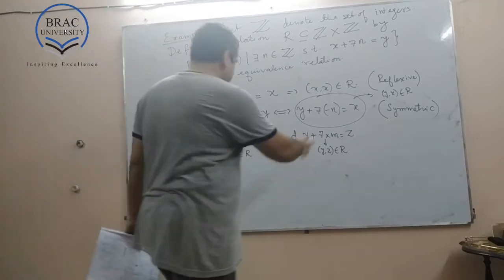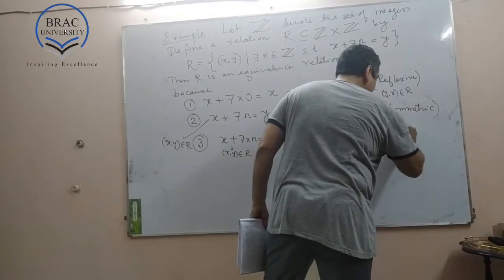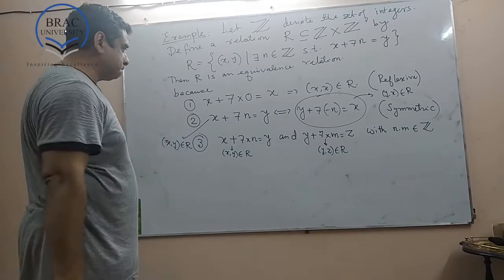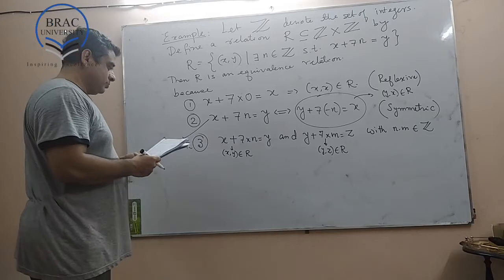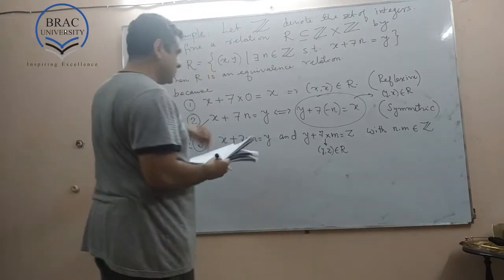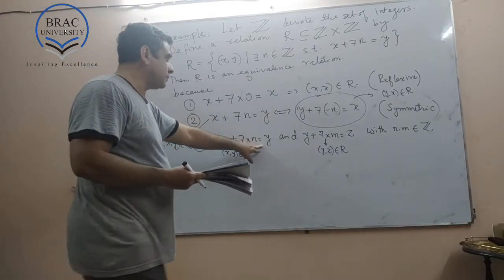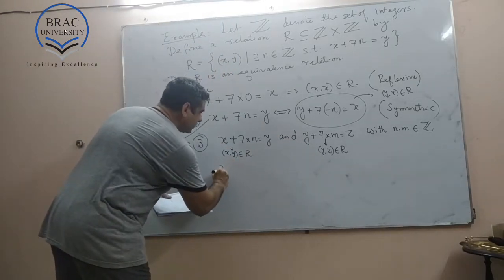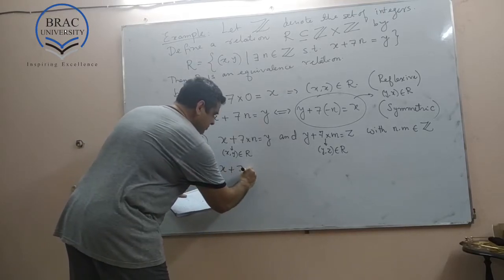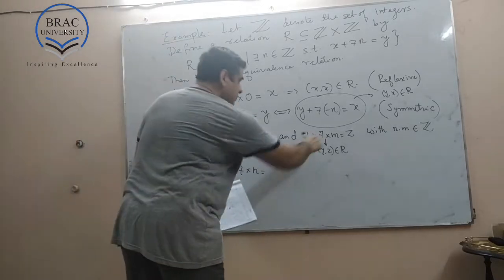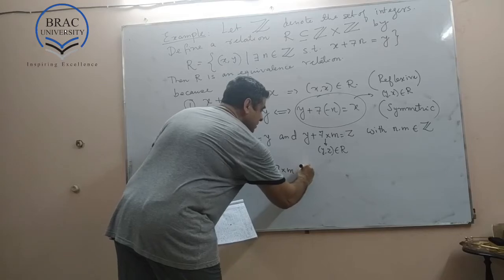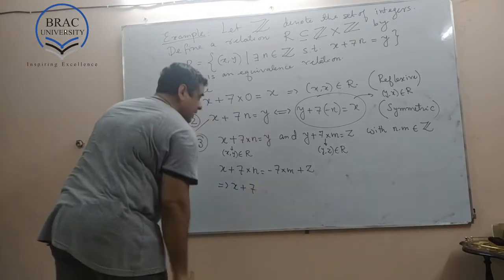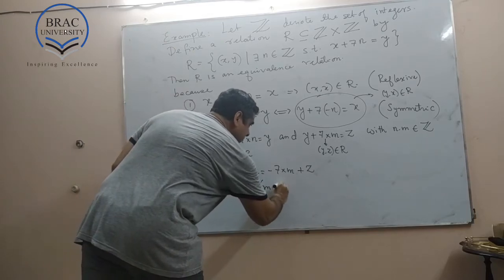So if you substitute the value of y from here to here, you end up with the following equality: x plus 7 times n is equal to minus 7 times m plus z, resulting in x plus 7 times (m plus n) is equal to z.